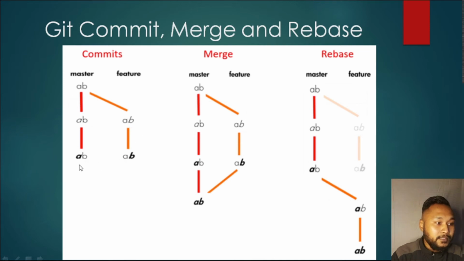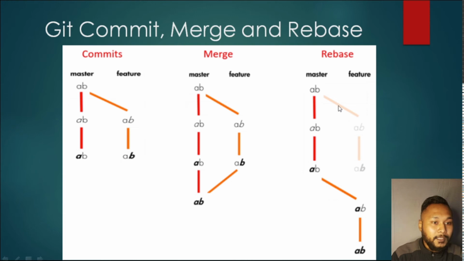You can see the representation of a bold italic on A and a bold italic on B. The commit has been made. While doing merge, in master you have the changes in only A, but in the feature section the changes are done in only B.